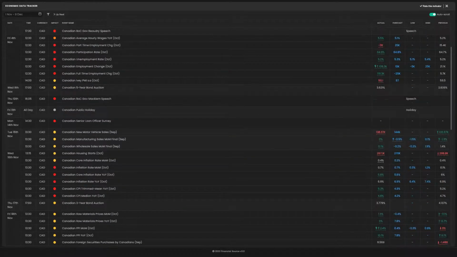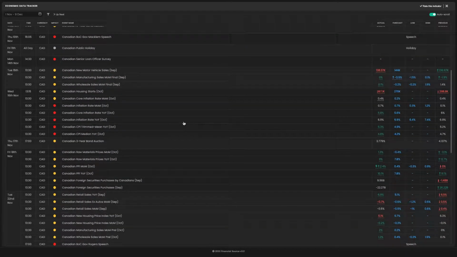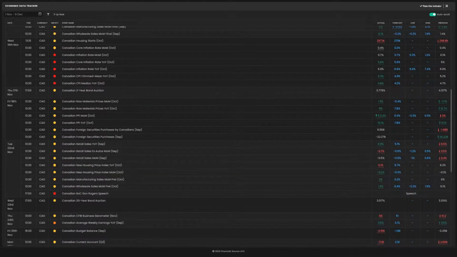Now, if you look at the latest data we've had from Canada, it hasn't been too bad, really. The inflation readings were high in the middle of November: 5.8% for the core versus 5.6% expected, 5.3 for the trim mean, 4.8 for the CPI median. So strong inflation, with the headline in line with expectations, but a strong inflationary print.